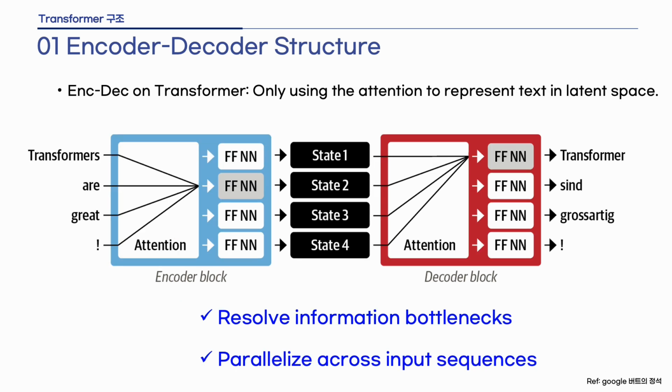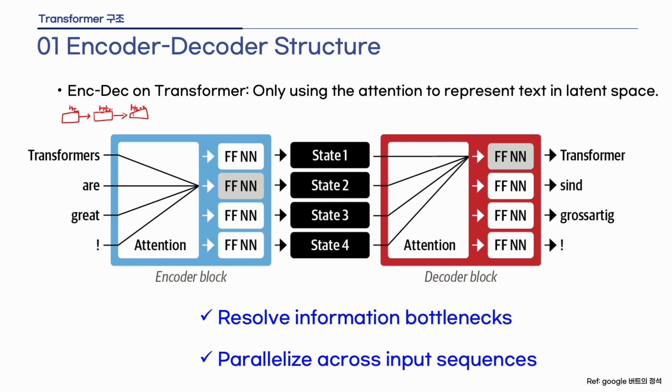Then why does the RNN-based encoder-decoder model not allow parallelism? Here is an example. If we use an RNN model, the structure of RNN is like this. It has hidden layers based on timestamp, such as HT, HT plus 1, and HT plus 2.